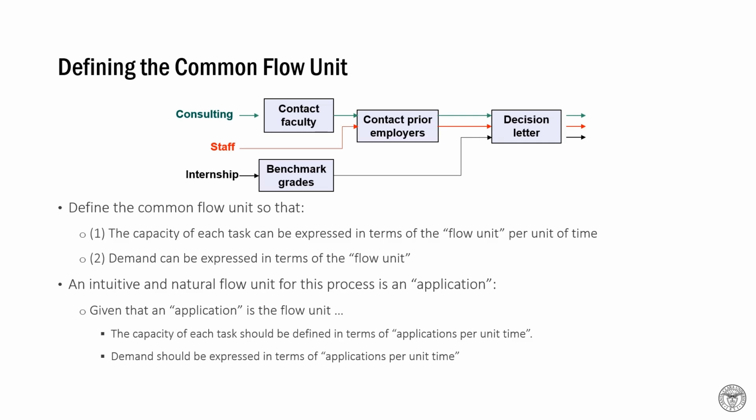By considering an application as the flow unit, the capacity of each task can be defined as applications per unit time, and demand for the process can be appropriately expressed as applications per unit time. However, as there are three different types of applications, it poses a challenge in evaluating the process capacity and demand accurately.